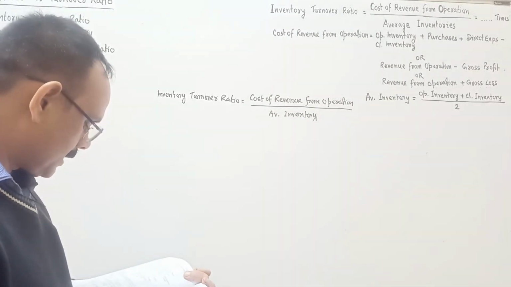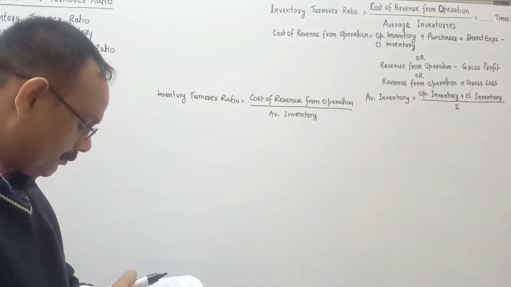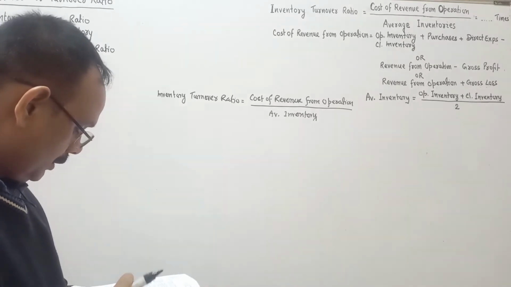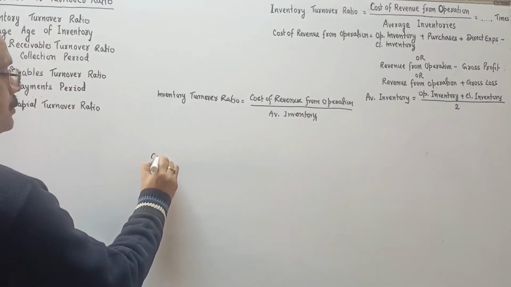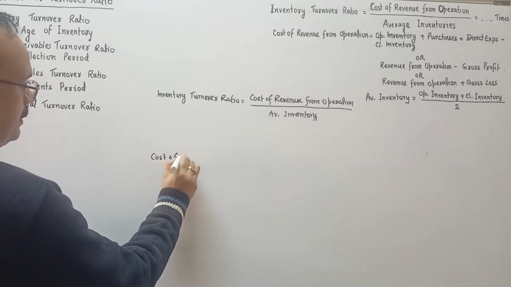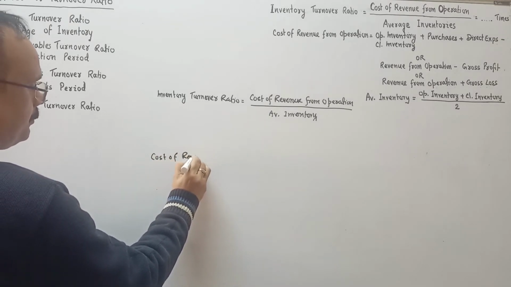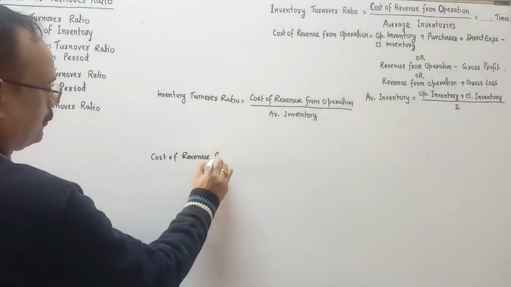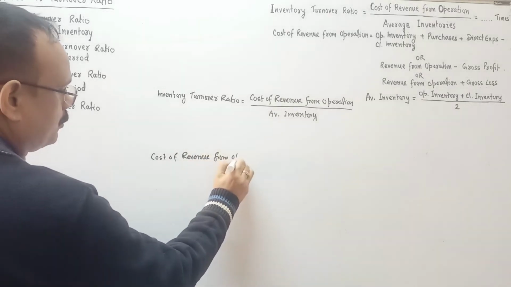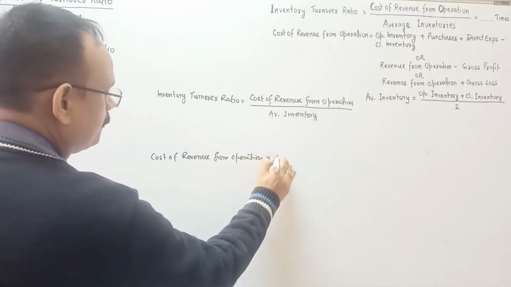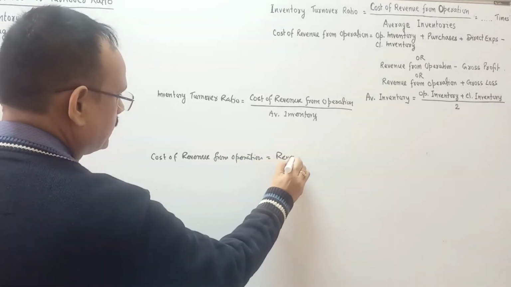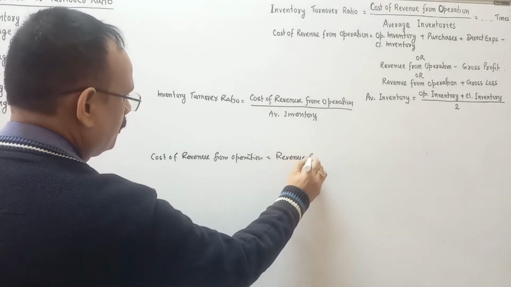Then see in this question how to calculate cost of revenue from operation. So revenue from operation is given, so we'll calculate the cost of revenue from operation. Cost of revenue from operation is equal to revenue from operation. This is given in the question.